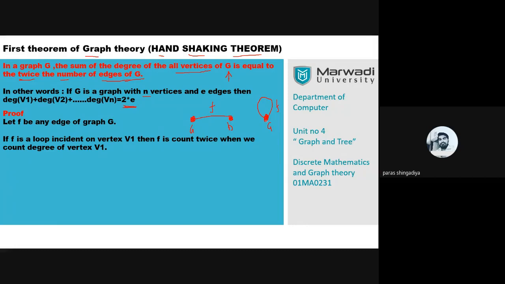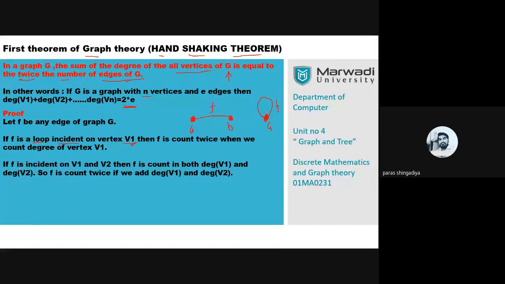Why? Because it is the condition for counting degree: when there is a loop at any vertex, we count 2 for the degree, because the start and end are the same. It starts here and then ends at the same vertex. So the degree of this vertex will become 2 when f is a loop incident with any vertex. That is based on the definition.